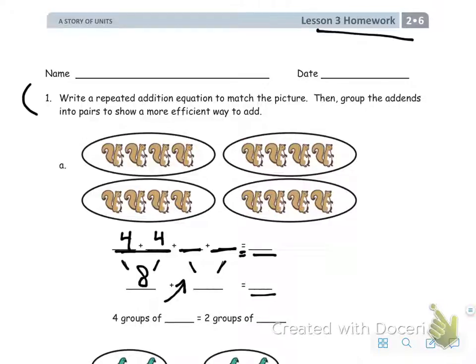And then obviously we start off with 4 groups of 4 up here. So down here we have 4 groups of blank equal 2 groups of blank. So it's 4 groups of 4 equal 2 groups of something.